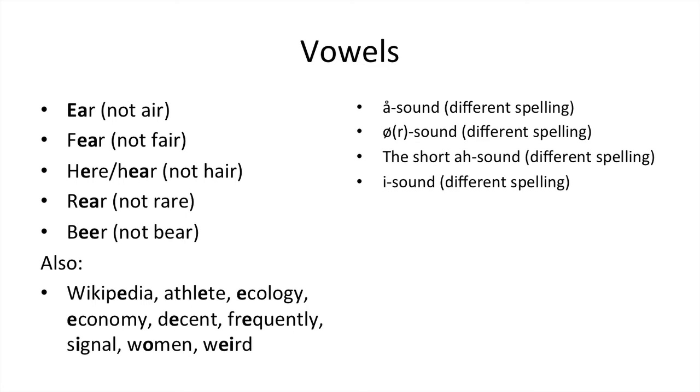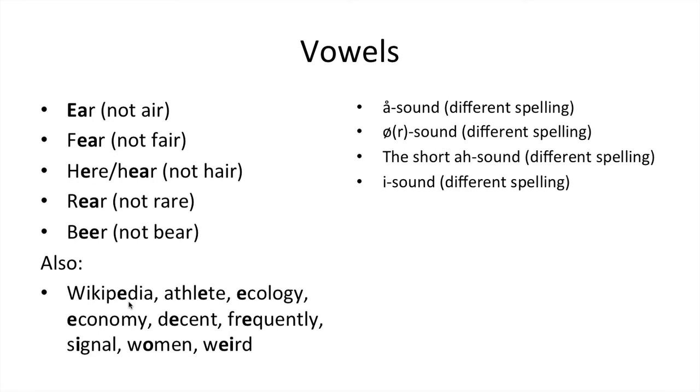And of course, the E sound, sometimes different spelling here because this is ear, and that's different from air. And fear is different from fair. And here, these two different words that mean here, are pronounced here. Not hair. Rear is different from rare, and beer is definitely different from bear. And also different words here. You notice the E here.